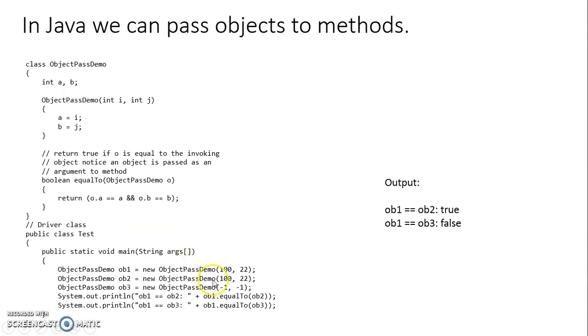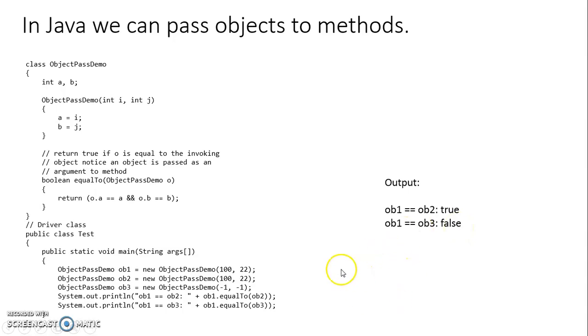Now in the first case, ob1 and ob2, both the values are the same, so it will print true. But in the second statement, ob1 is 122 and ob3 is -1. Now in this case, both the values are different, so it is going to print false.